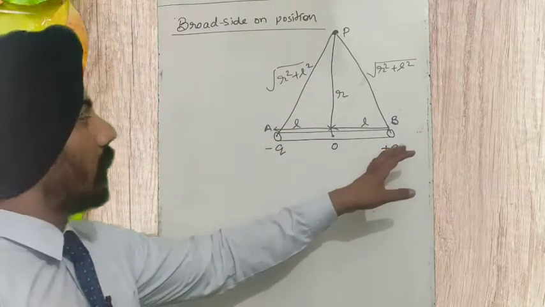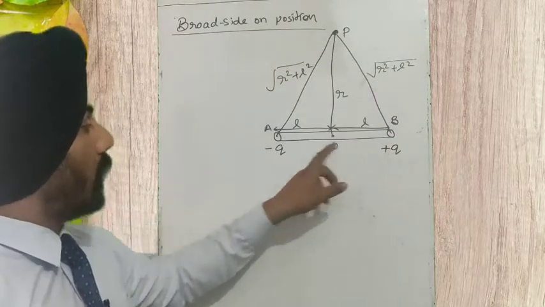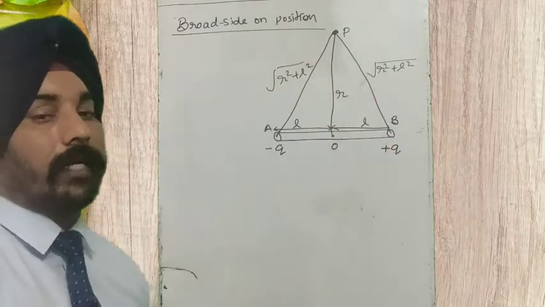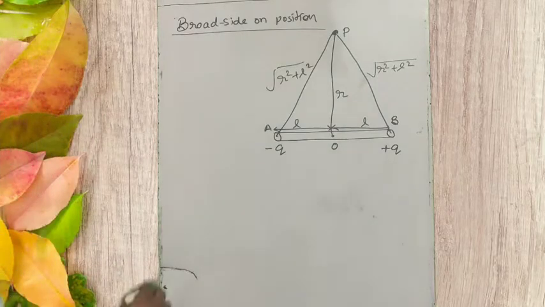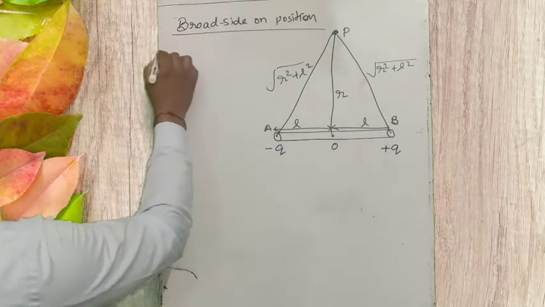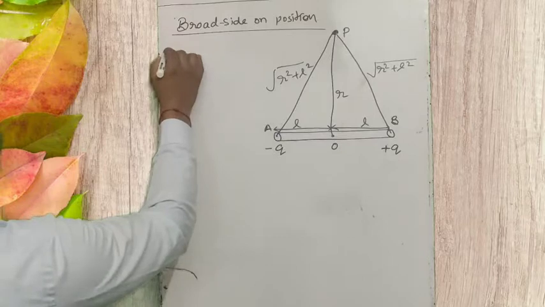First we will find the electric potential due to the positive charge and due to the negative charge individually at point P. What is the electric potential at point P due to the plus q charge?